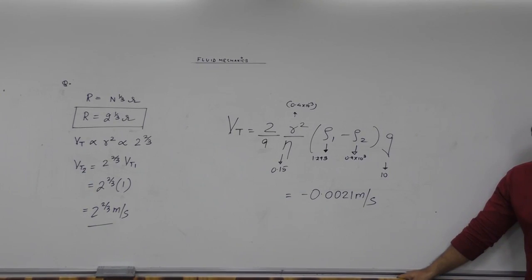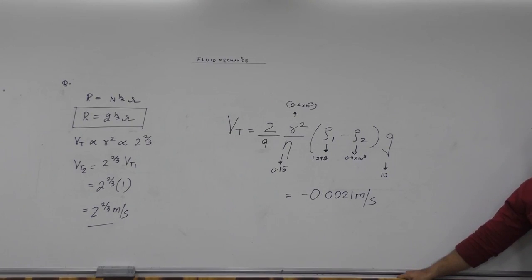So you can equate under root 2gh with the Vt formula, na? Vt ka formula is what? 2 by 9 r square by eta g (rho 1 minus rho 2). So you square both sides and get the value of h, na? We need only the answer in variables only.